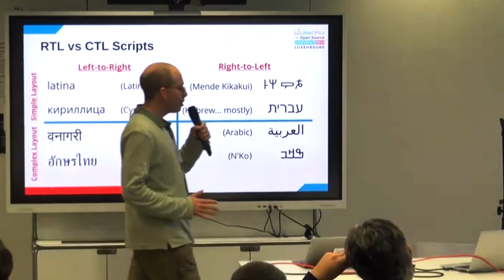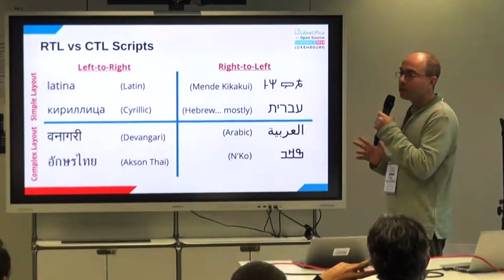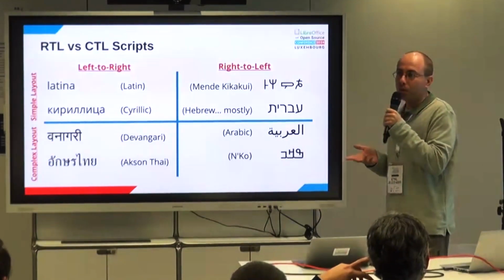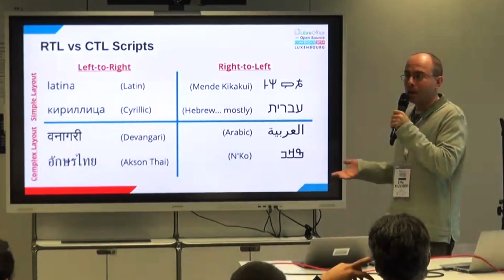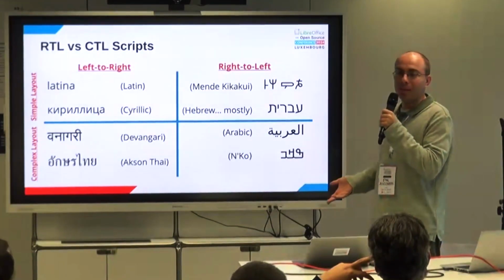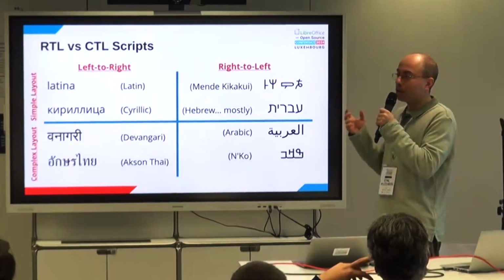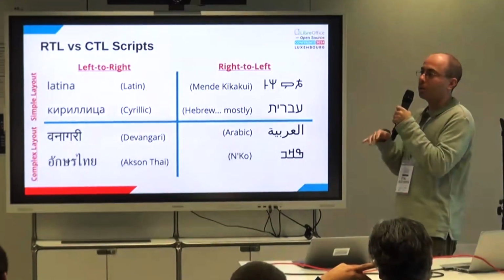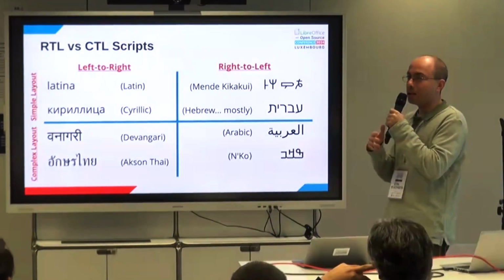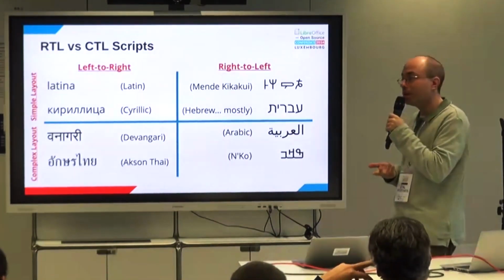Actually, this slide is a slight lie, because even the Latin script, if you think of, say, handwritten text, becomes a complex text layout. It's not that simple. And sometimes we have combinations of letters, like F and I, which can be rendered as a single glyph, or double S in German.